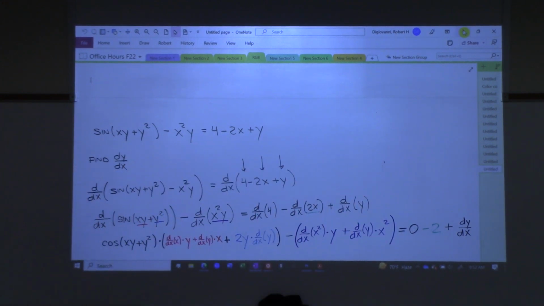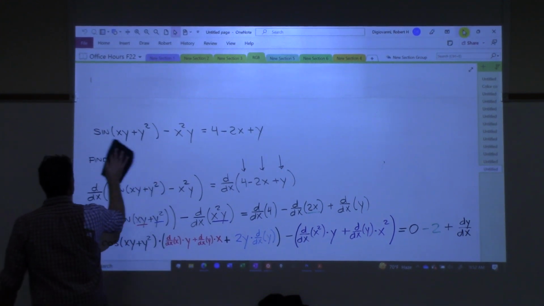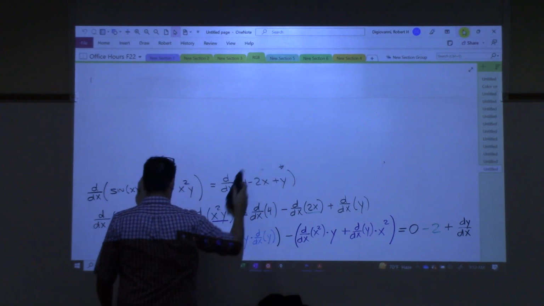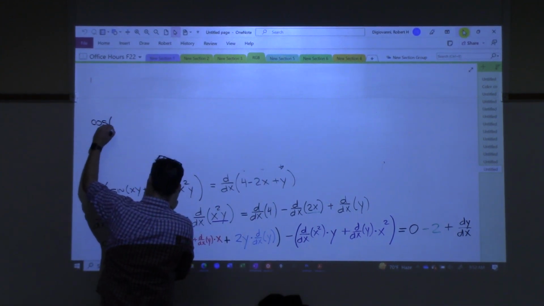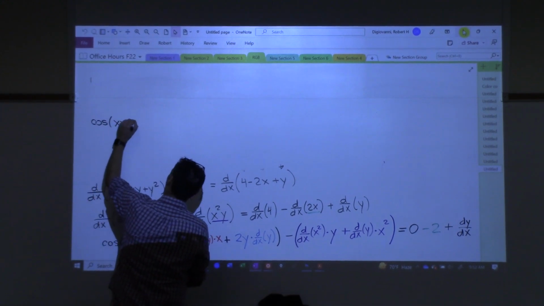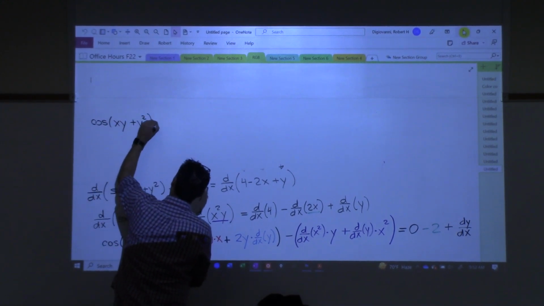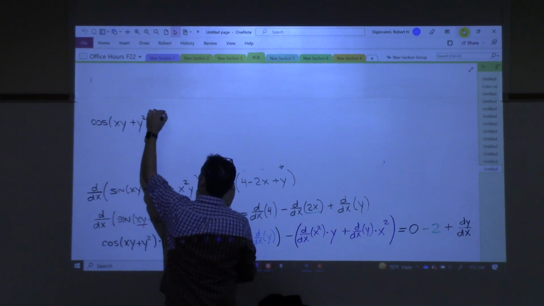We're not done. Our next step, let me clean things up, just kind of clean up some of my notation. Here we have cosine of xy plus y squared, times a big parenthesis here.